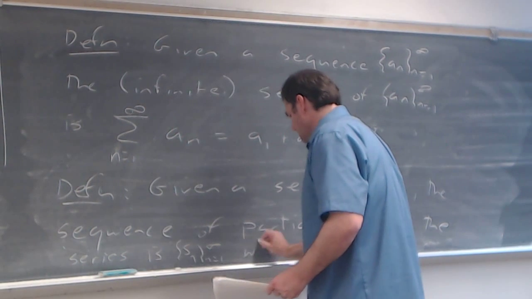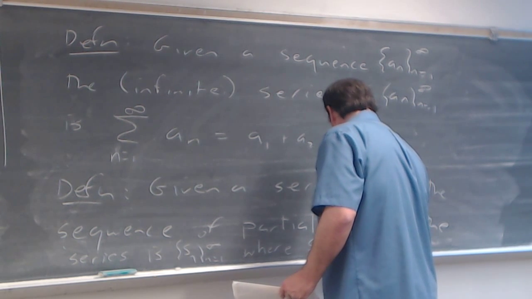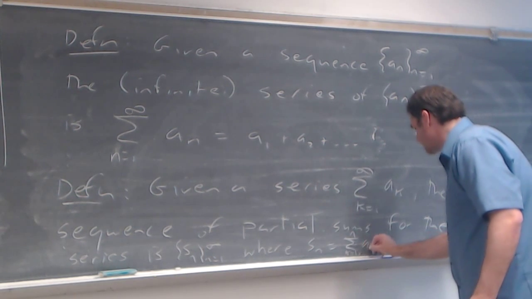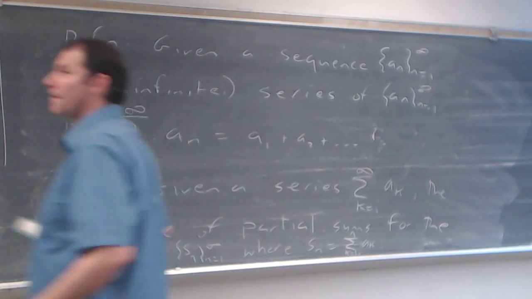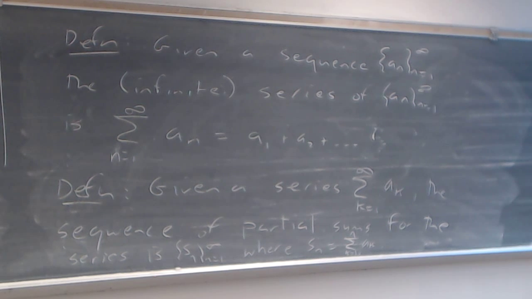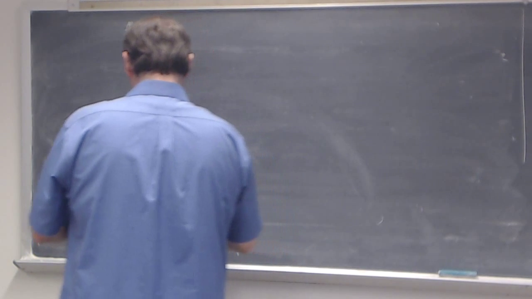Okay? So here's how we define this term, S sub n. It's really the sum, as k runs from 1 to n, of A sub k.